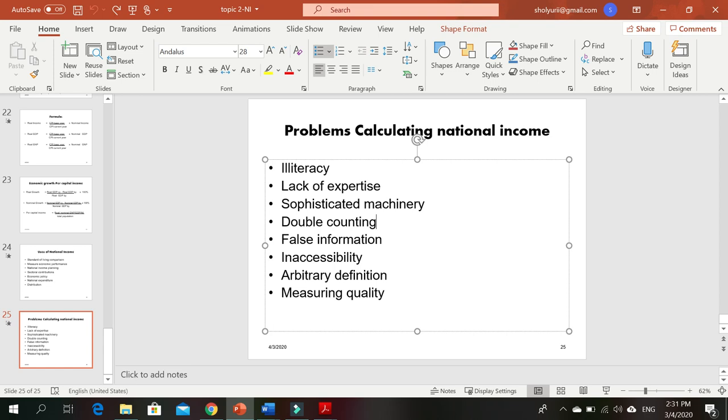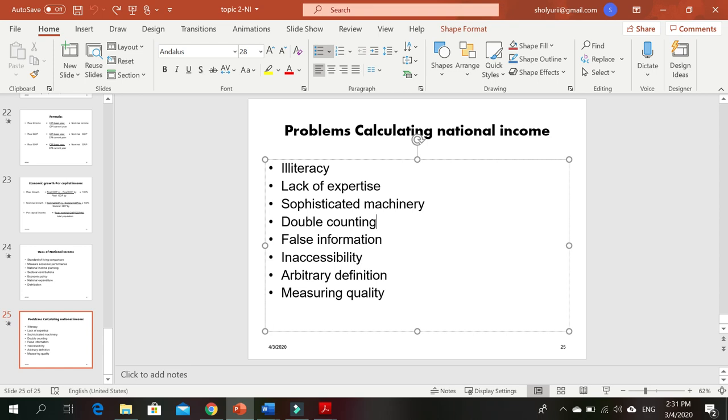Lack of expertise. To calculate national income ni, kita memerlukan expert. Dia tak boleh calar-calar orang. Macam saya pun, walaupun saya lecturer economic, I am not an expert in calculating national income. Yang saya ajar awak ni cuma a fraction je of how to calculate national income. This is not the exact way to calculate national income.